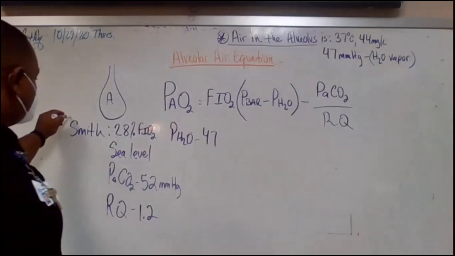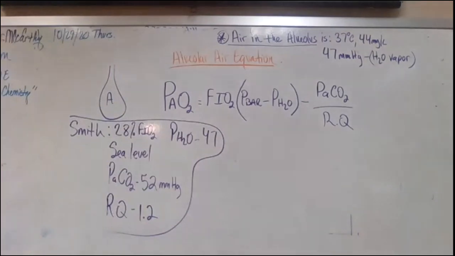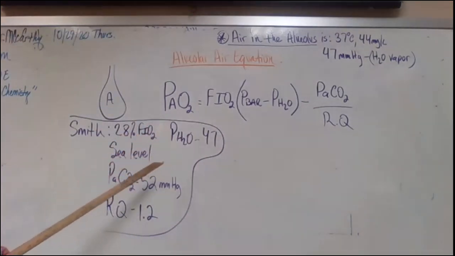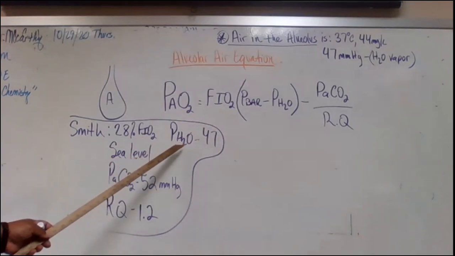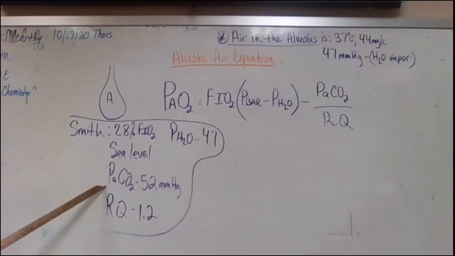These are your parameters here. Okay. Mr. Smith is on 28% FiO2. He's at sea level. The water pressure is 47. His PaCO2 is 52, so it's elevated, right? It's greater than 45, so it's elevated. He's hypercapnic right now.